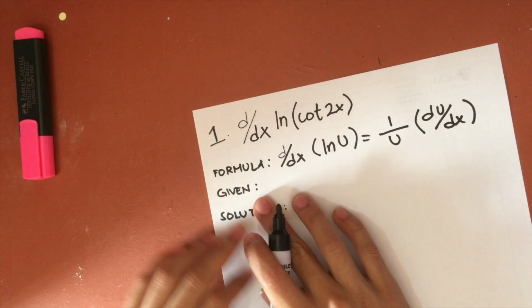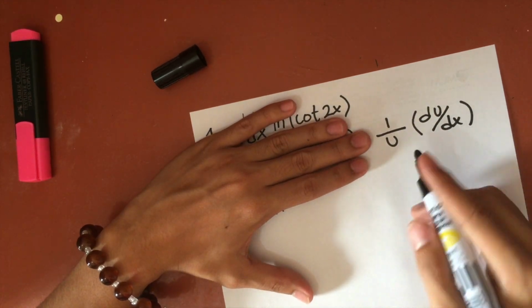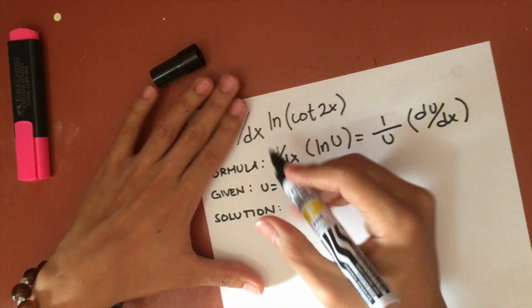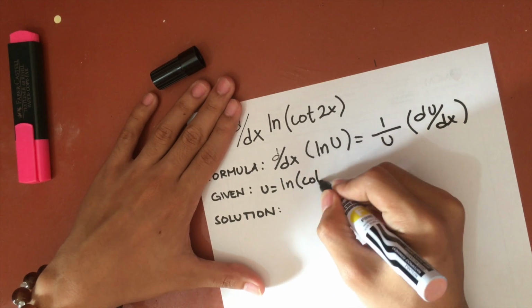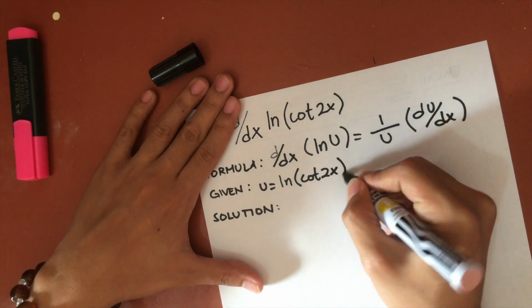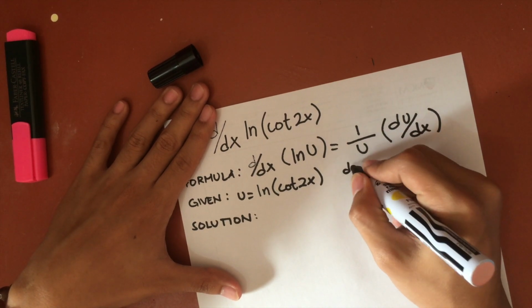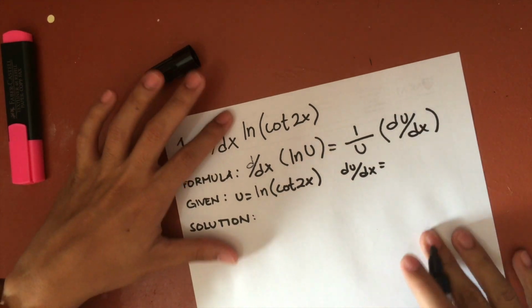Now, for the given problem, we refer to our formula: just copy the problem, which is ln cot 2x, and then the derivative du/dx is equal to.